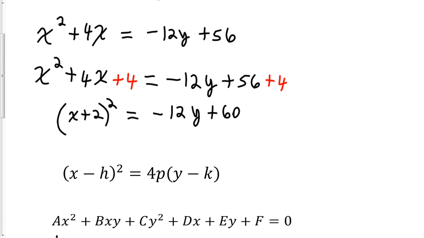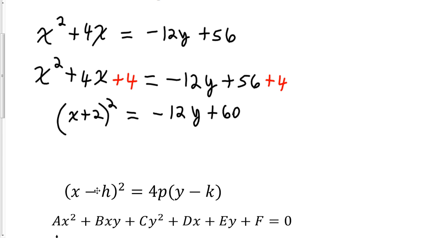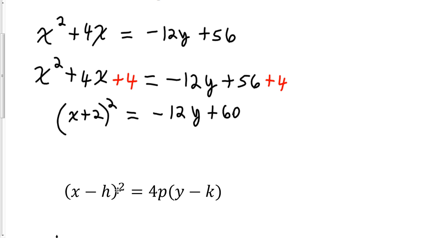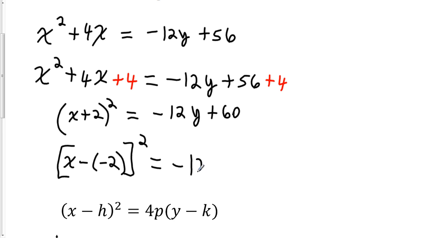On the left-hand side, I need it to be written as x minus something. So I'm going to rewrite the left-hand side as x minus negative 2 squared, because x plus 2 can always be written as x minus negative 2. On the right-hand side, I'm going to factor out a negative 12. Why? Because you notice on the inside of the parenthesis, the coefficient of y is 1. The only way of achieving that here is to factor out negative 12.